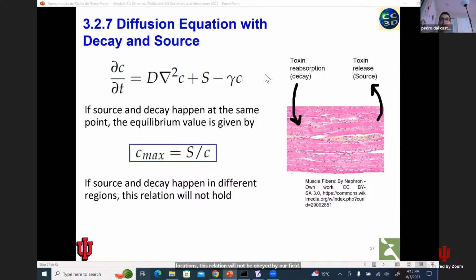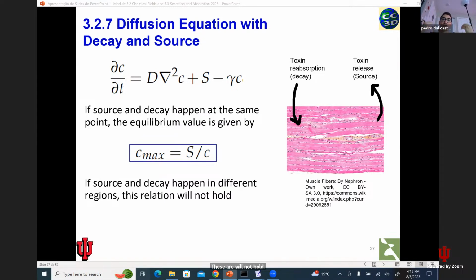In this case, as the source is everywhere and decay is everywhere, this relation holds. But if you have your source at a particular location and your decay at another location, this relation will not hold.